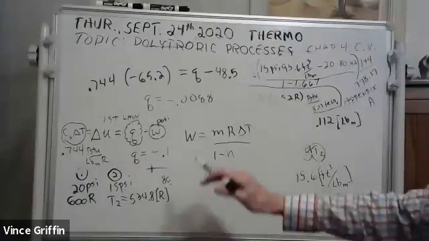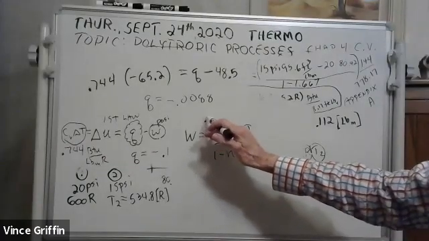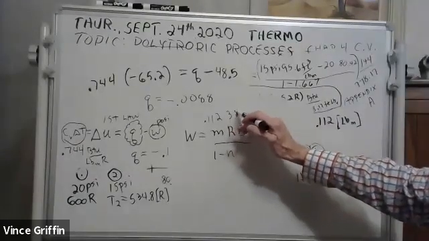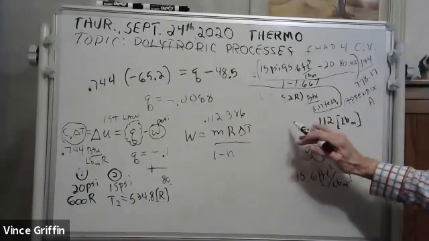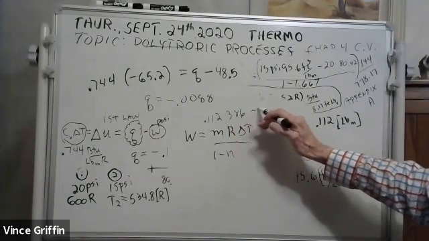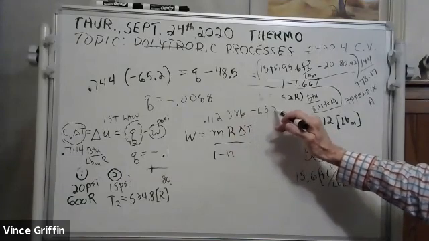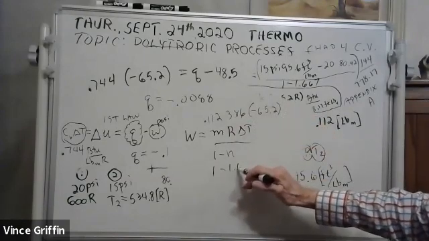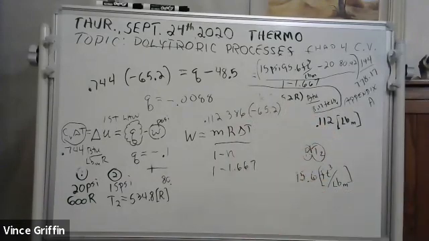Okay. Now the mass was 0.112, right? Yes. And R is 386. And delta T is, oh gee, I erased it. It was minus 65.2. And you divide by 1 minus 1.666667. That's what you did, right? Yes, that's what I did. Well, let me do that.